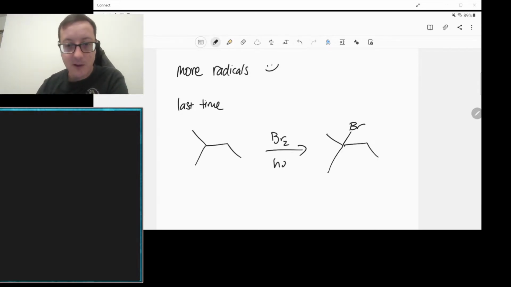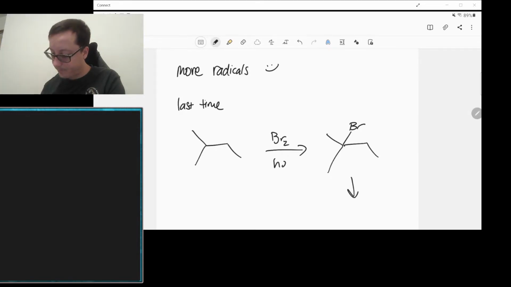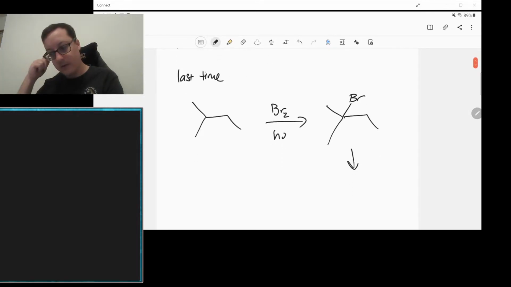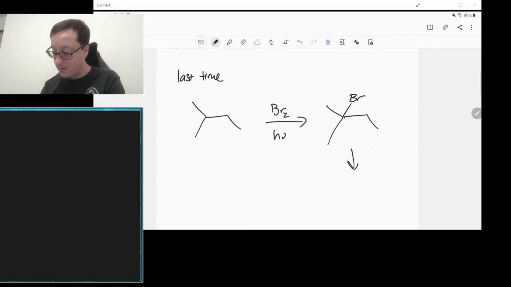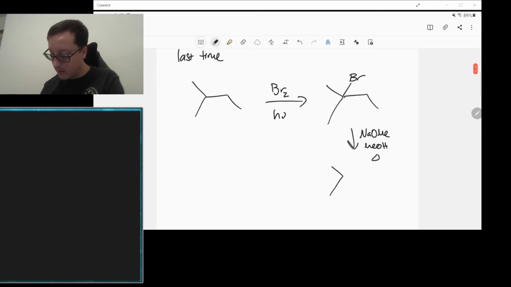The point of doing this, by the way, remember chlorinating is not so useful because it's not as selective. We're going to see that we can put in, say, E1 conditions here, and we can get an alkene out. So there are reasons for doing this.